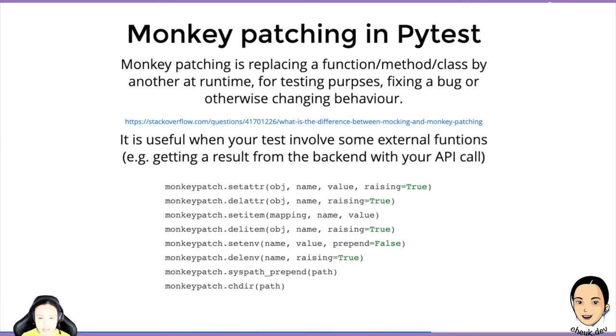So there are all these things you could do. You can set an attribute of something. For example, in requests, you can set get to something else because you're not actually getting something. Or you can delete an attribute. I can't think of a use case for that. Set item: instead of an attribute, for an item, you can also set it to something else.